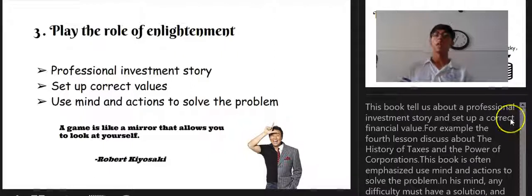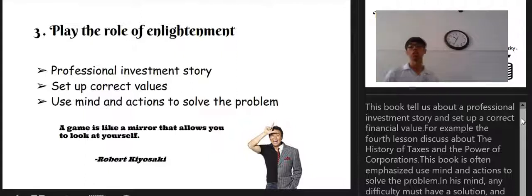Okay, the last one. Play the role of enlightenment. This will tell us about a professional investment story and set up a correct financial value. For example, the 4 lessons discuss the history of tax and the power of the corporation. This book often emphasizes using mind and action to solve problems.